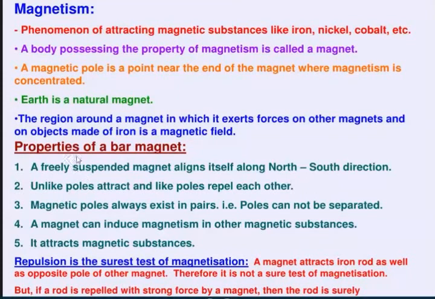Property of a bar magnet: a freely suspended magnet aligns itself along the geographic north-south direction. This indicates that Earth acts as a natural magnet, whose poles are in the geographic north and geographic south.